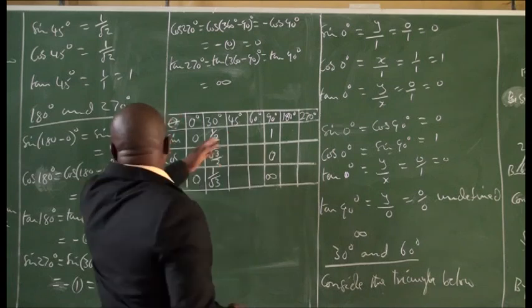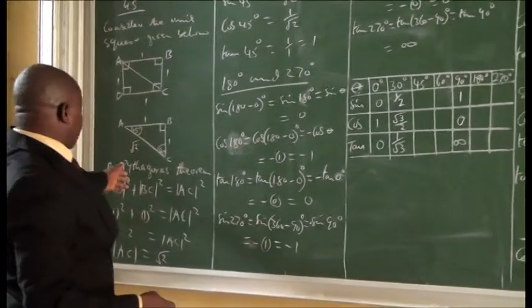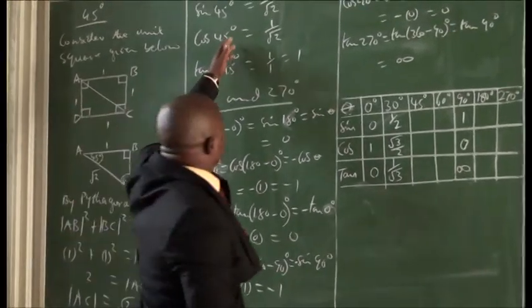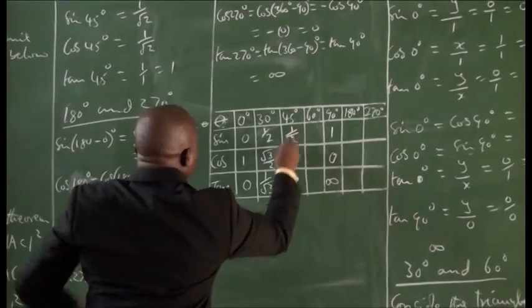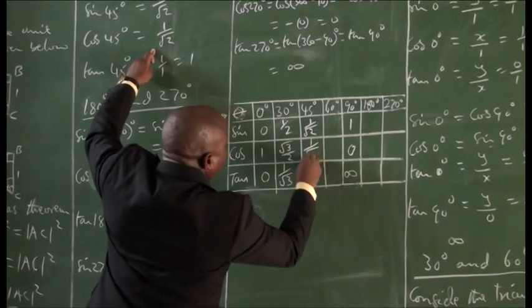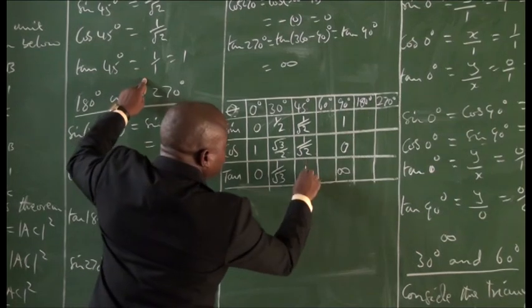For 45 degrees, sine 45 is 1 over root 2, cos 45 is 1 over root 2, and tan 45 is 1.